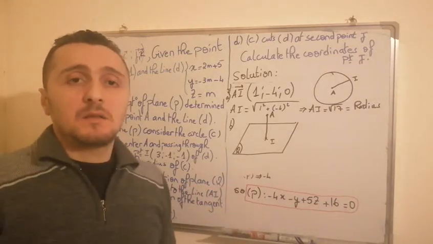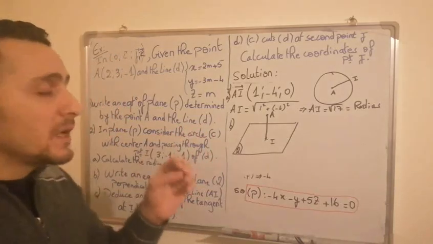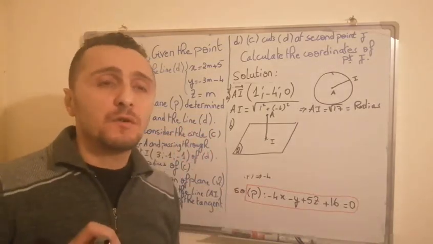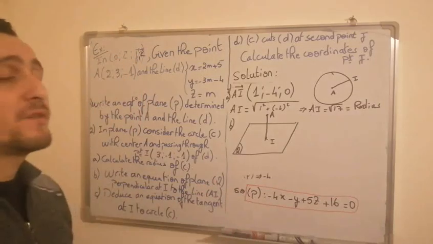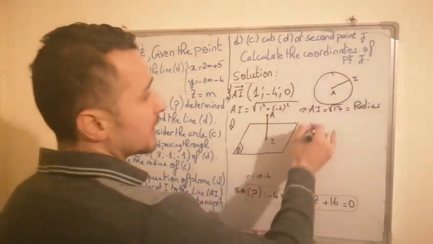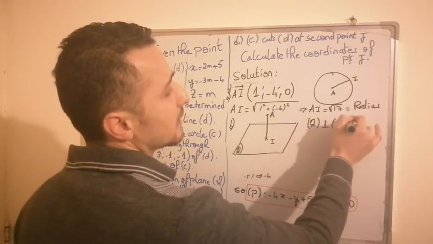As I said, to find the equation of any plane, first of all, we have to calculate or to find the coordinates of its normal vector. The plane Q is perpendicular to AI.